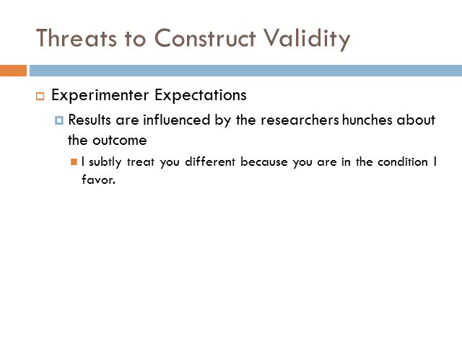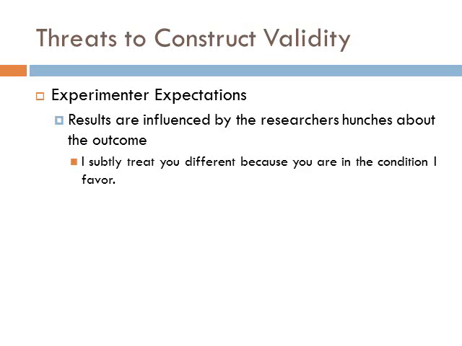So single blind is the subjects don't know what condition they're in. Double blind is the researchers don't know, because it is possible that subtly we treat the participants that are in one condition differently than we treat those in the other condition, especially the difference between the control and the experimental condition.